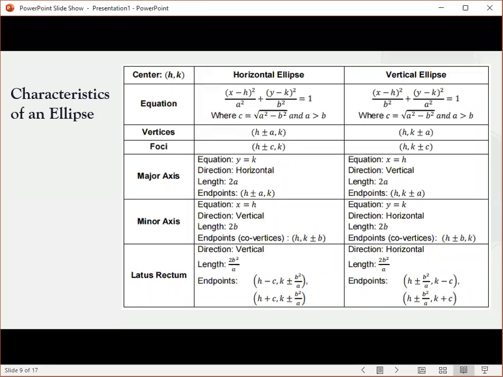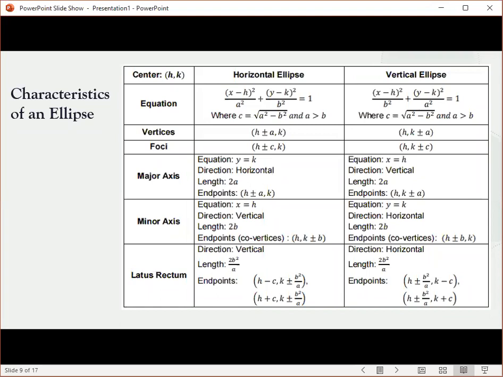Now, how do we identify a horizontal ellipse from a vertical ellipse? All you need to do is check the denominator. If the denominator is greater on the first component, then you'll have the horizontal ellipse.